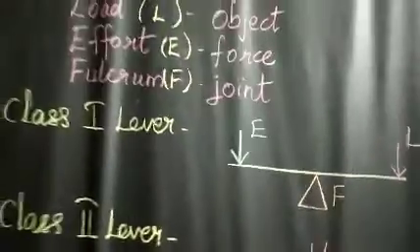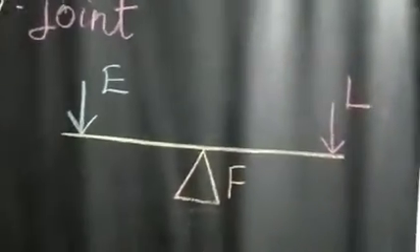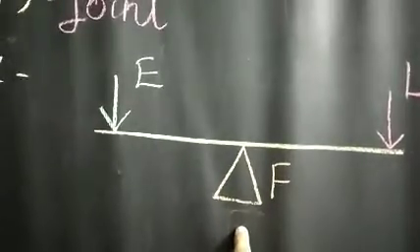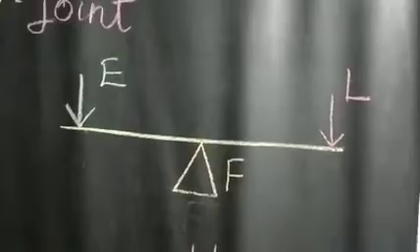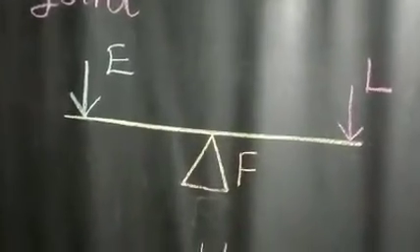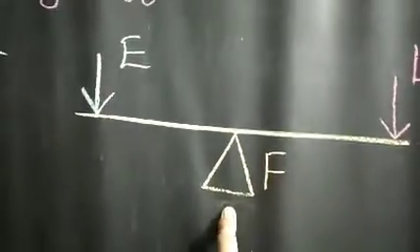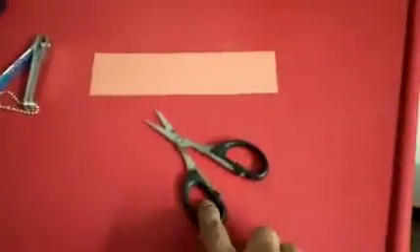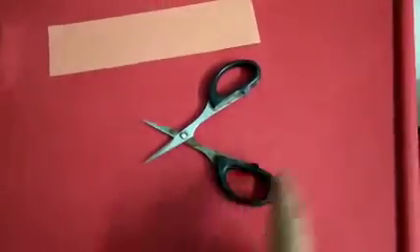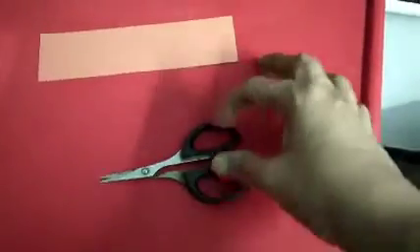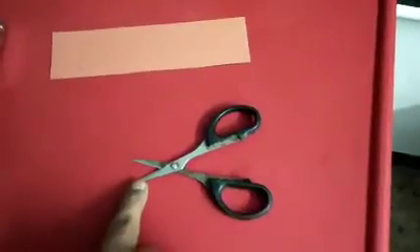So in the class 1 lever, the difference is the fulcrum will be in the middle and effort and load will be on either side. These either side can change, but the fulcrum will stay in the middle. For that, we have seen one example, that is the scissor. In this scissor, you can see this is the part where we put our effort, and this is the part we keep the load. Load is nothing but this paper.